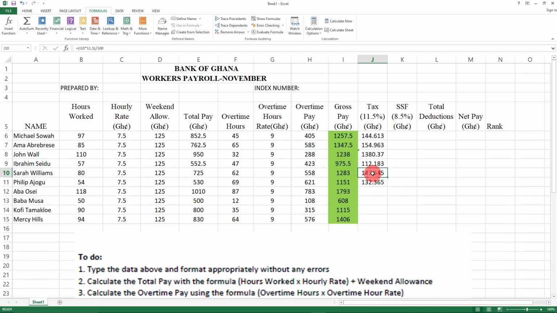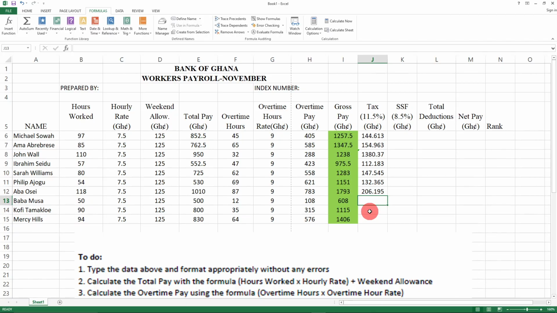So Philip will be paying this. Let's go back. Let's do it for Abba. Abba is I12 times 11.5 divided by 100. Abba will be paying 206.